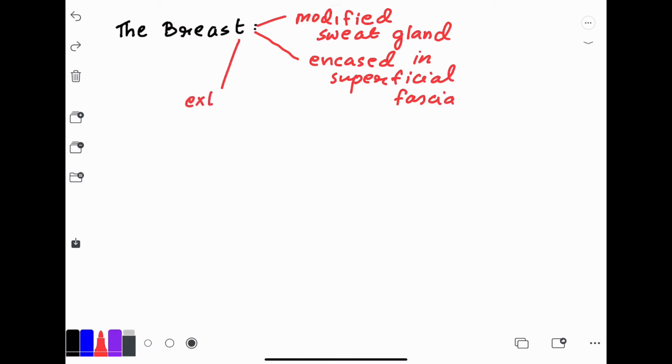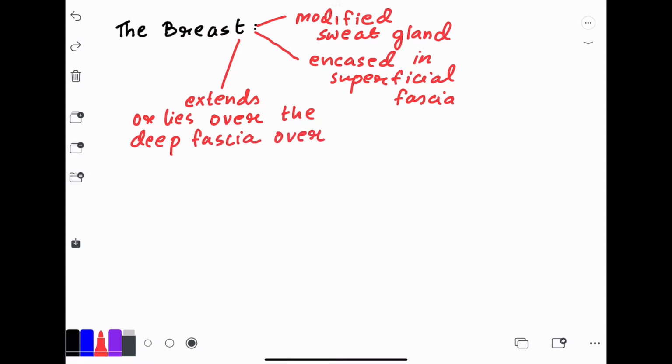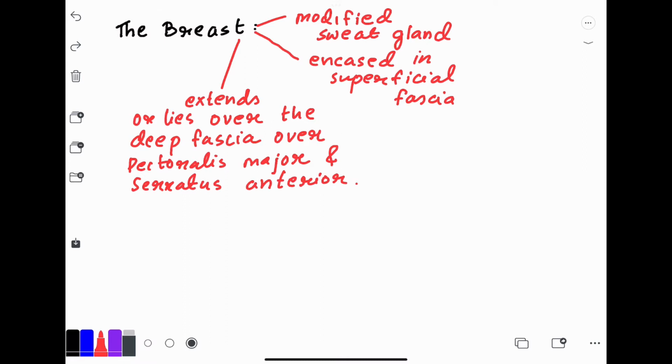And the third point is the breast extends from the skin basically, or we can say it lies over the deep fascia that is covering the pectoralis major and serratus anterior muscles.